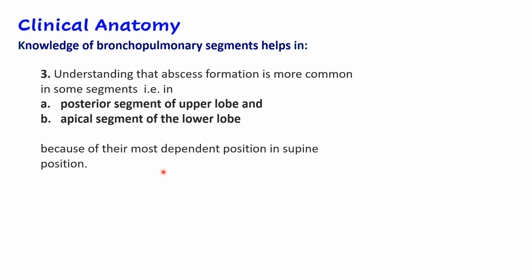So the secretions in the bronchial tree may not get removed easily, and will remain in the segmental bronchi, in the bronchopulmonary segments, and can lead to formation of an abscess. So which are those two segments where you commonly find abscess formation? Posterior segment of upper lobe and apical or superior segment of lower lobe.